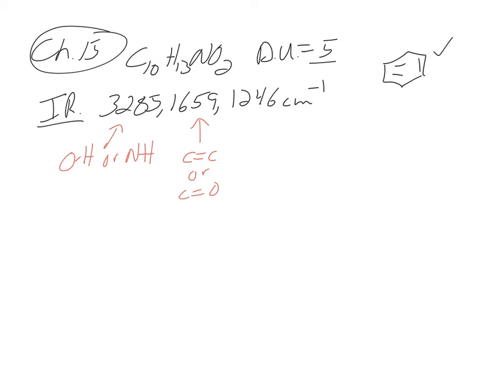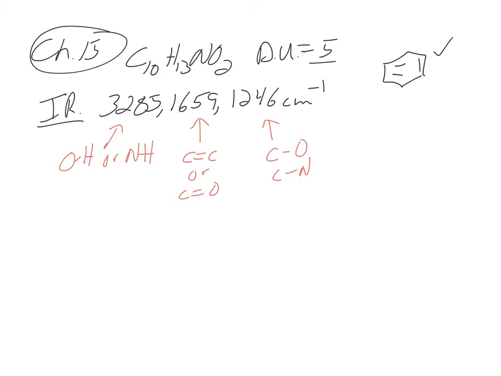Carbonyl or an alkene. About 1246, any idea? CO or CN. What kind of CO? CO single bond. Maybe it's CO or CN, right? We're not sure. Okay, good.